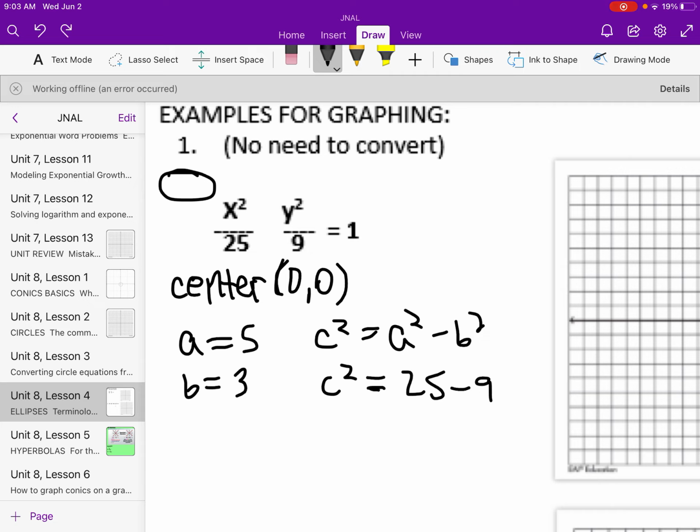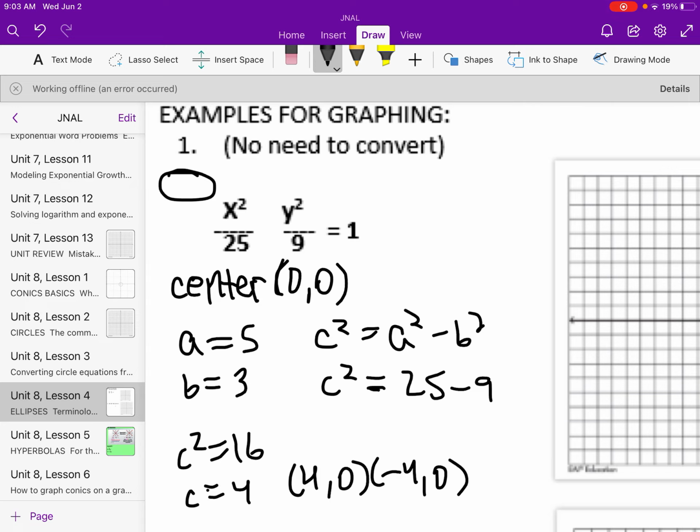And then 25 minus 9, that would give you 16. Oh, yay, good. 16. Because that means we get our foci as 4. Well, C would be 4, so actually that would mean our foci would be 4, 0, negative 4, 0.